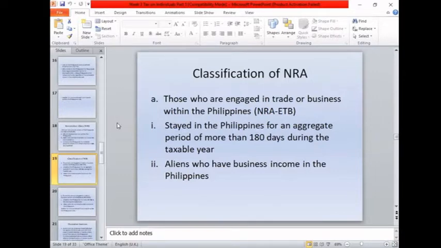They stay in the Philippines for an aggregate period of more than 180 days or 6 months during the taxable year. So it means this non-resident alien engaged in trade and business has to stay here for 6 months to manage their business, and then they go back to their country, and after a few months, they have to go back here again to visit the business. Okay, it's more than 6 months.